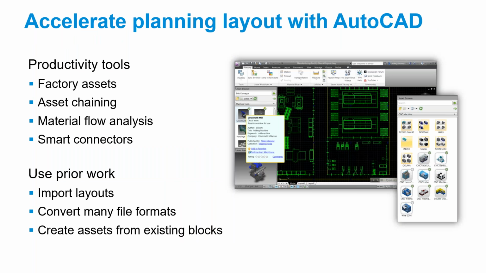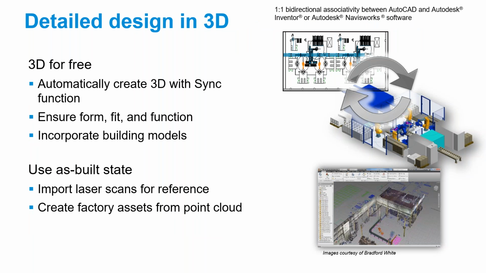So one such thing is very quickly go ahead and create a layout within AutoCAD where you place different machines, you place the different types of transportation methods, either through conveyors or through some other means. Quickly do some kind of an analysis to understand the flow of materials, the transportation time, and the utilization of individual materials.